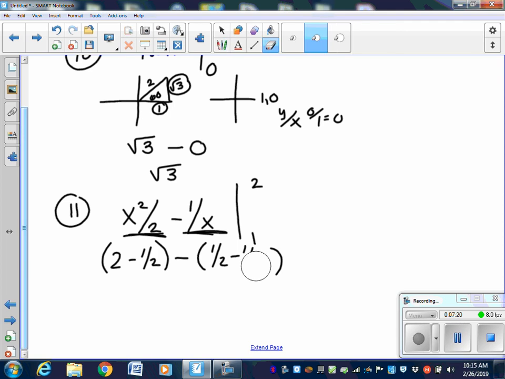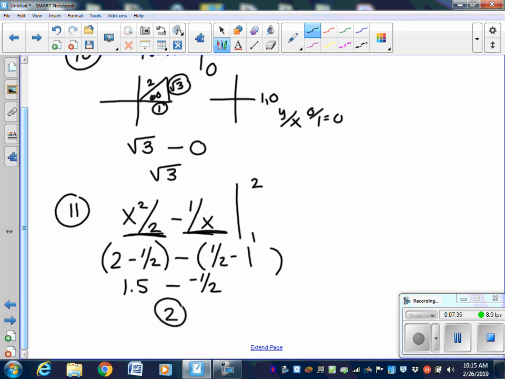Whoops, I made a mistake right here. It's supposed to be 1 half minus 1, because 1 divided by 1 is 1. 2 minus a half is 1.5 minus a negative a half. And 1.5 minus a negative of a half is 2.